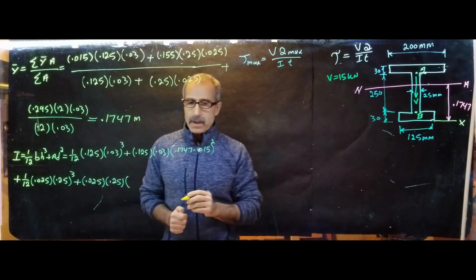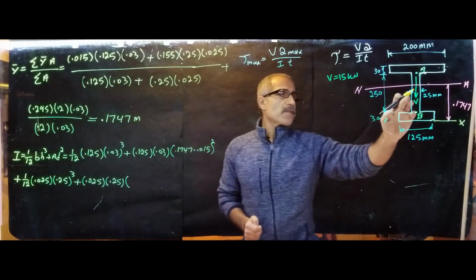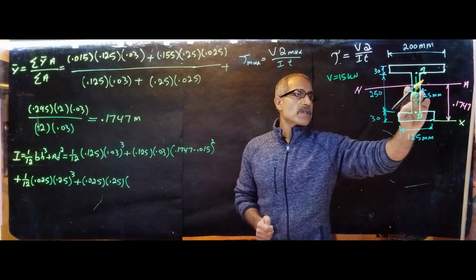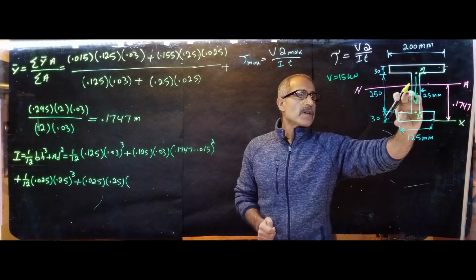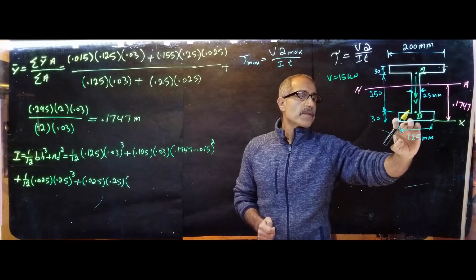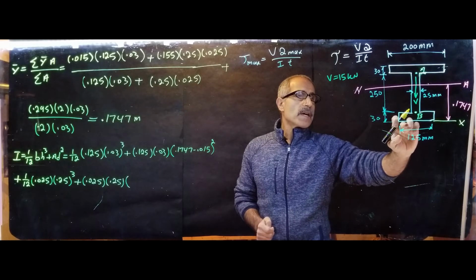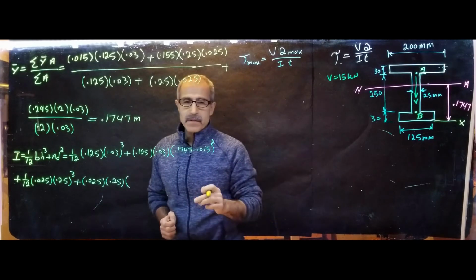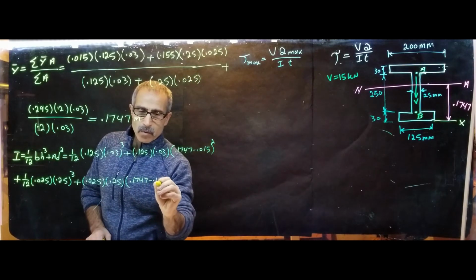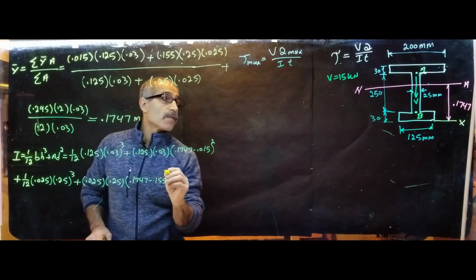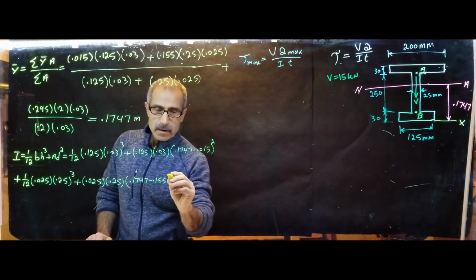And d squared is the difference between the center of this shape and the neutral axis. The center of this shape is 155 from here, so it will be 0.1747 minus 0.155, right, squared.